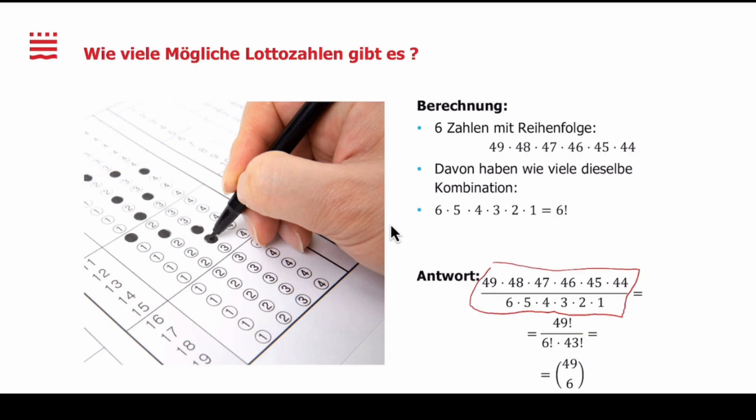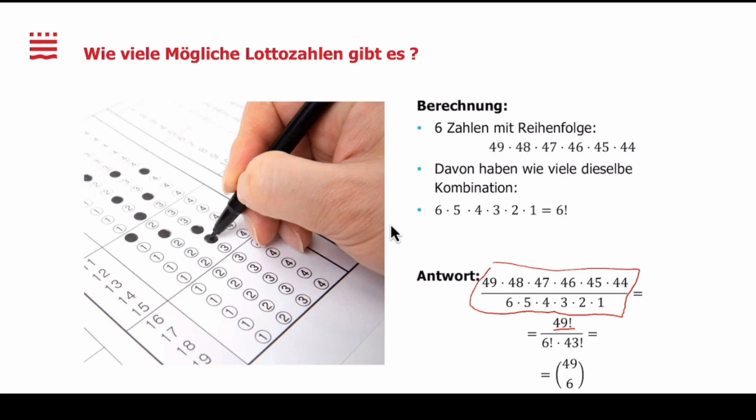And what you can do now is rewrite the expression a bit differently. You can write 49 factorial, but then you've written a bit too much in the numerator. What have you written too much? Well, all the way down to 43, 42, and so on. They don't come into play anymore.